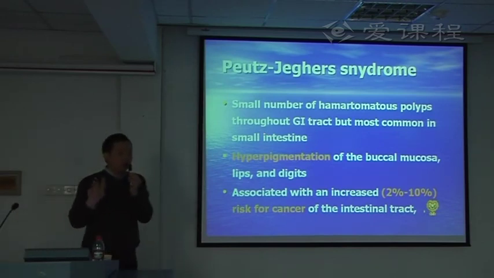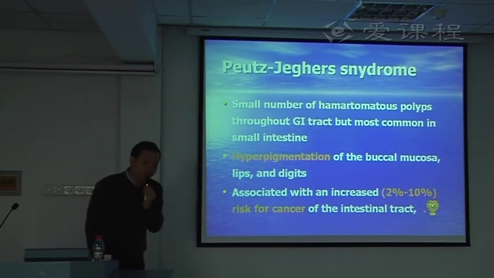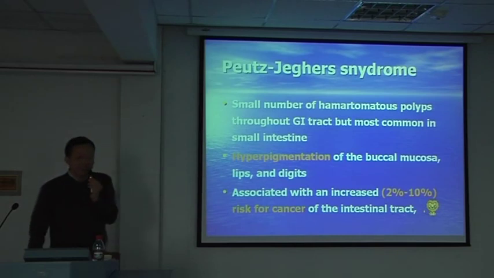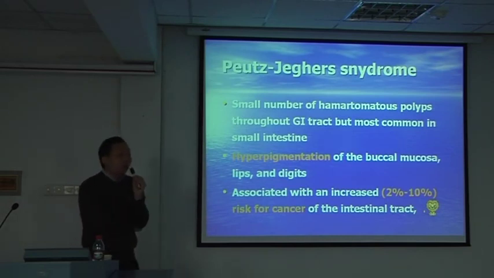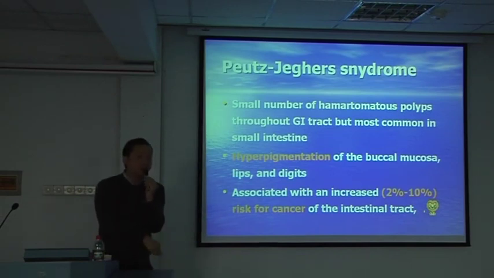So how do we know about small intestine polyps? Do we have some method to examine the small intestine? Which kind of endoscopy? We have small intestine endoscopy, and we can also do fluoroscopy.